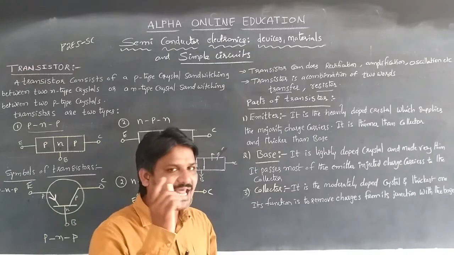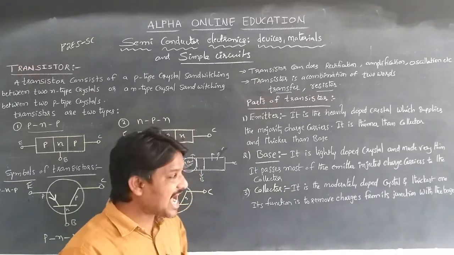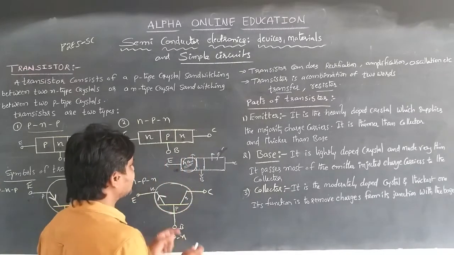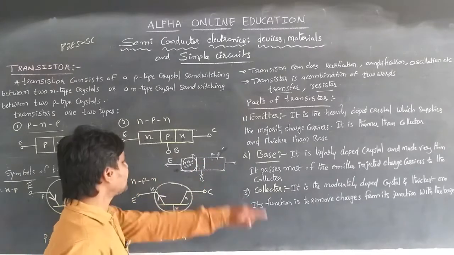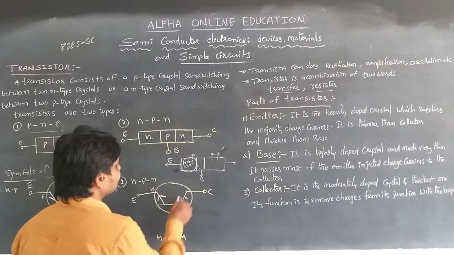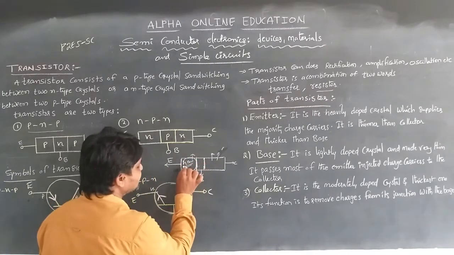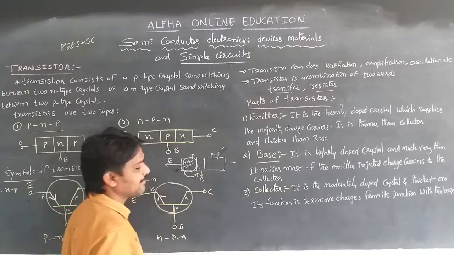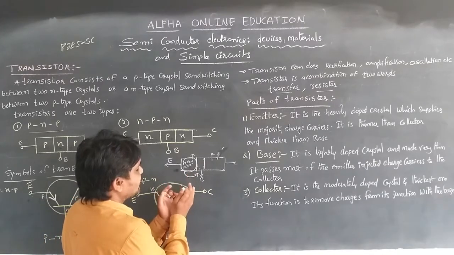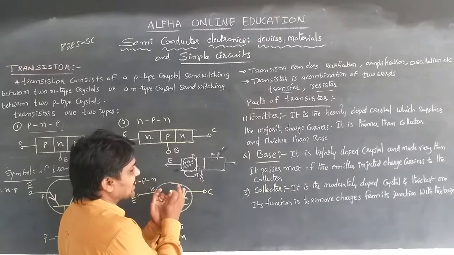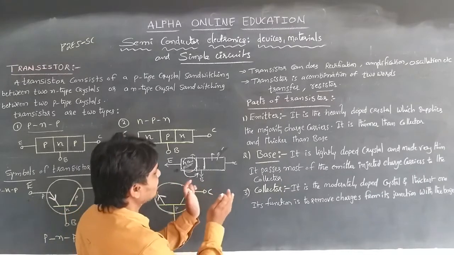The base is a lightly doped crystal, a very thin material. It passes most of the emitter-injected charges. Whenever the charges are injected from the emitter to the base, the emitted charge carriers are passed to the collector.